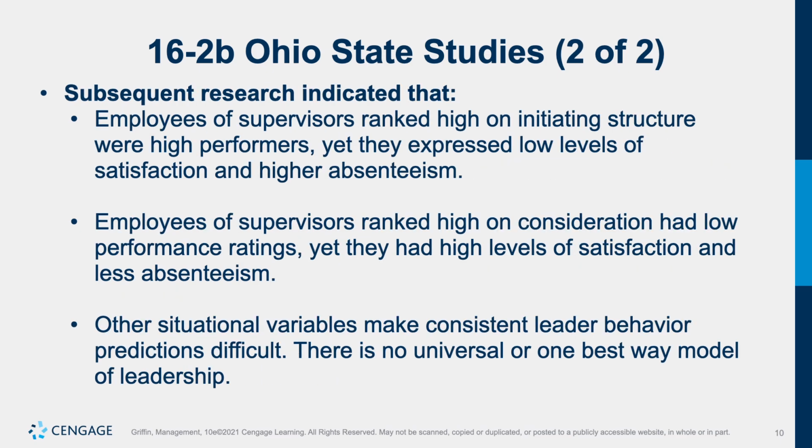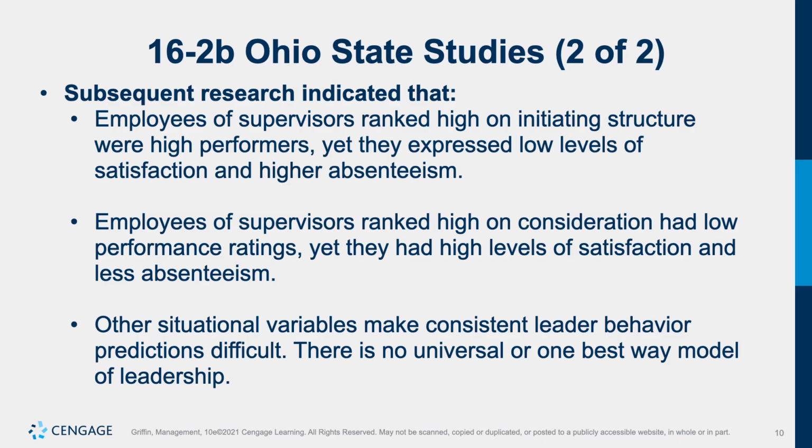Further on the Ohio State studies, right, the research indicated that employees of supervisors that ranked high on initiating structure were high performers. Yet, such employees expressed low levels of satisfaction and higher absenteeism, whereas the employees of supervisors that ranked high on consideration behavior had low performance ratings.